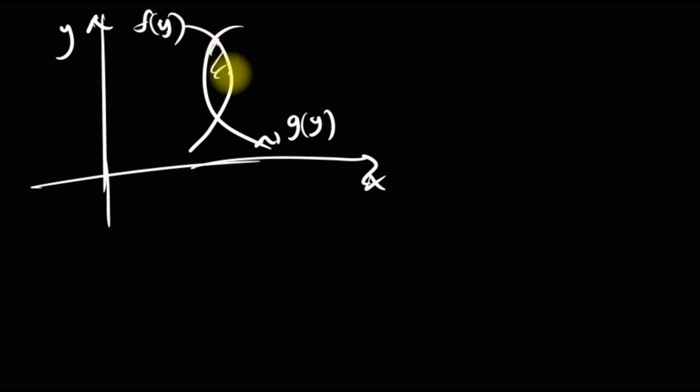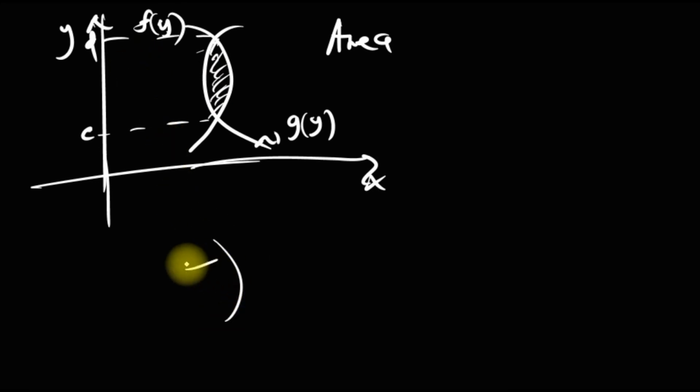So the area enclosed by this is the same thing as subtracting this. This is the point of intersection, maybe from c to d. So for the area enclosed by this, just subtract the one on the left-hand side from the one on the right-hand side, because to get this area is the same thing as subtracting the smaller from the bigger.